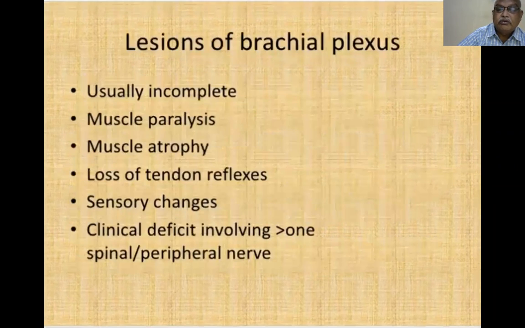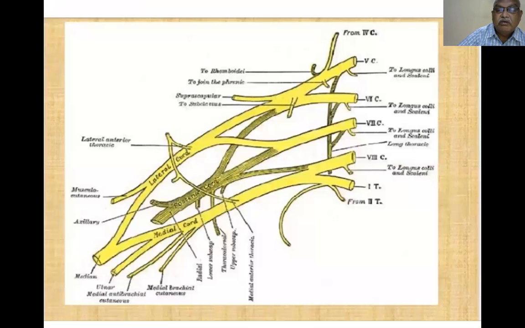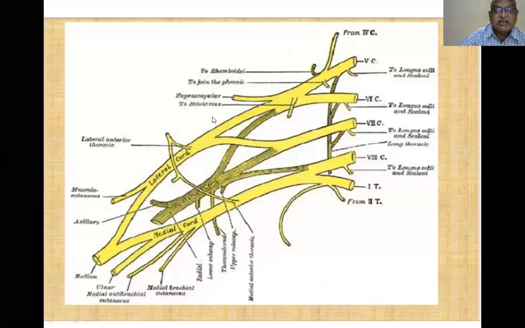I will show you. This is the upper plexus, C5, C6. The lateral cord, musculocutaneous nerve and lateral root of the median nerve, the lateral pectoral nerve, all these are injured. This is the nerve to subclavius, this is the suprascapular nerve.